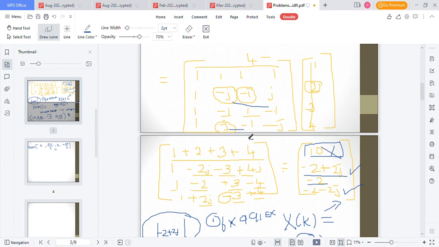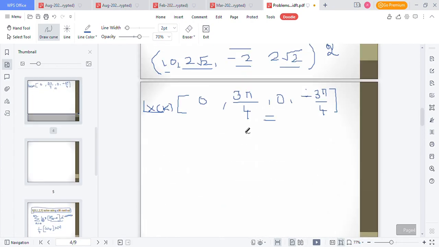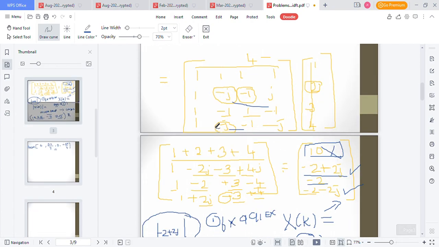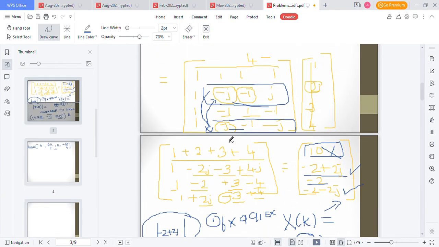In the IDFT, the fourth line will come to the second, and the second will come to the fourth. That is what happens, right?